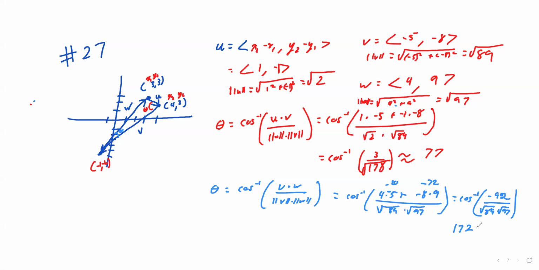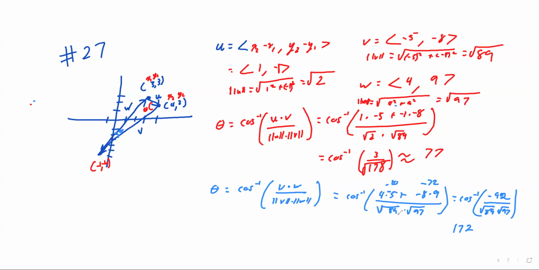So maybe that isn't correct. There's no way that you can have 172 there, because again, that would be negative 20, negative 72, negative 92. That angle's definitely got to be smaller.